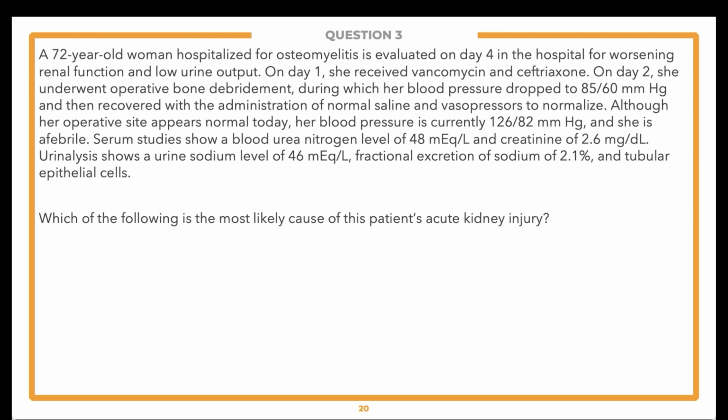Although her operative site appears normal today, her blood pressure is currently 126/82, and she is afebrile. Serum studies show blood urea nitrogen level of 48 and creatinine of 2.6. Urinalysis shows a urine sodium level of 46, fractional excretion of sodium of 2.1%, and tubular epithelial cells.